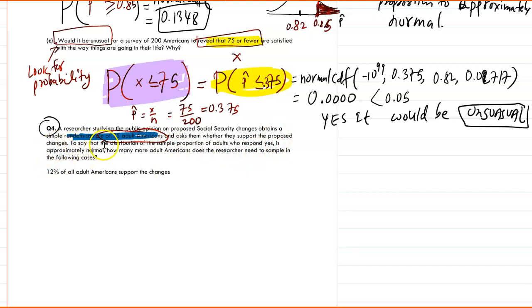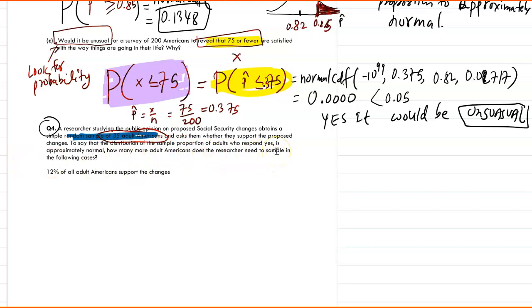To say that the distribution of the sample proportion of adults who responded yes is approximately normal, how many more adults does the researcher need to sample in the following cases?